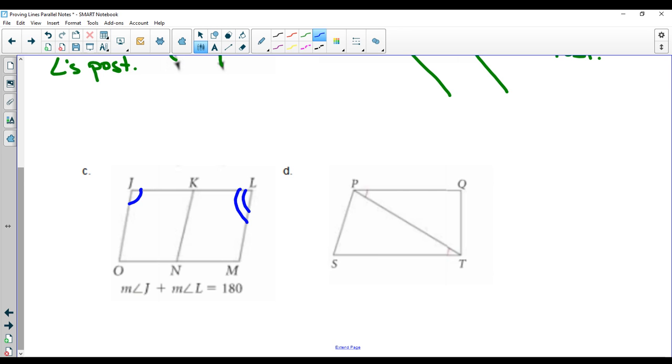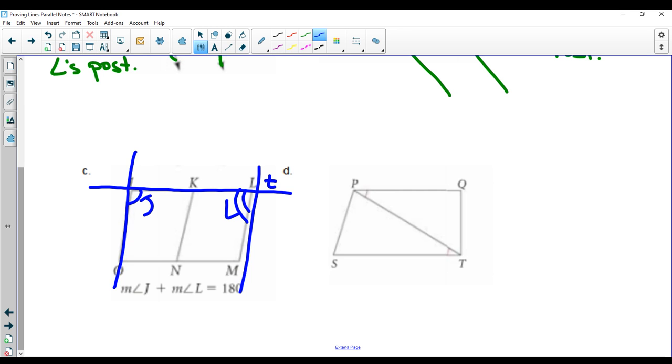And based on where they're at, I'm going to extend. I think this would serve as our transversal. And then this could be our parallel segments because of the angles that were chosen. So we're talking about J right here and L right here. Those two add up to 180 degrees.